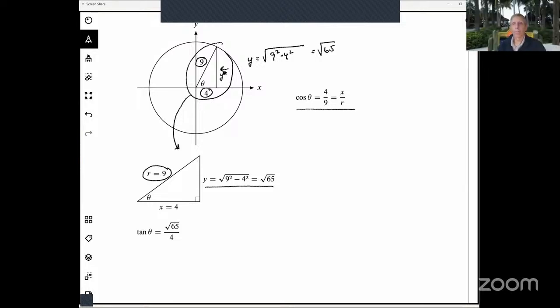Radicals are usually not the issue there. It's more that I don't want to leave something as, for instance, 1 over cosine if I'm asked to express it in terms of secant theta or something like that.